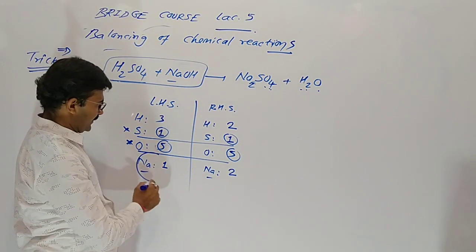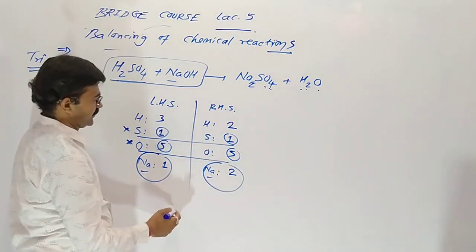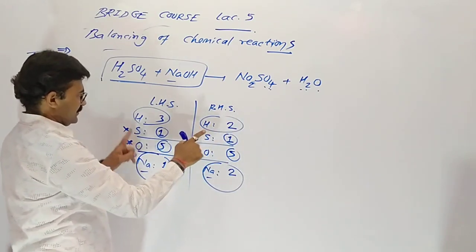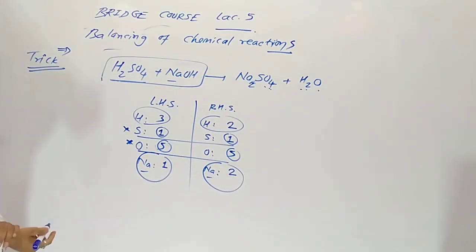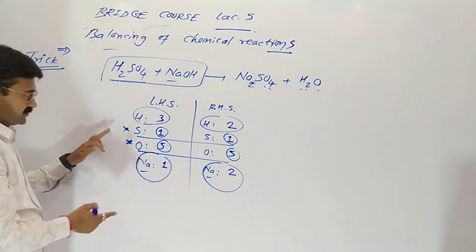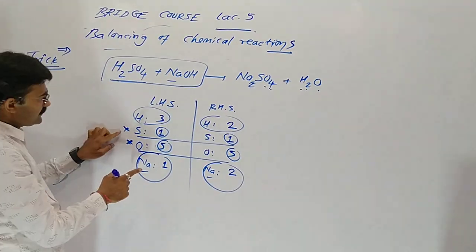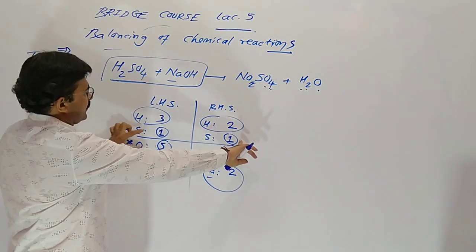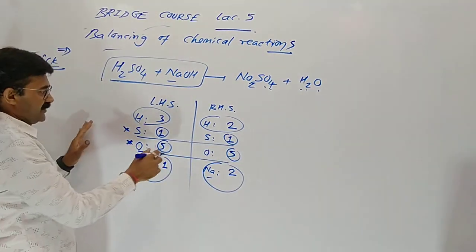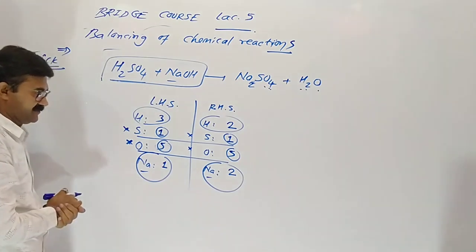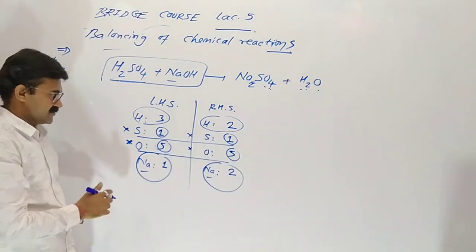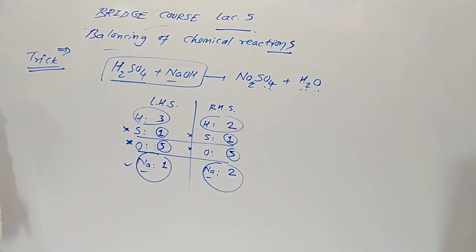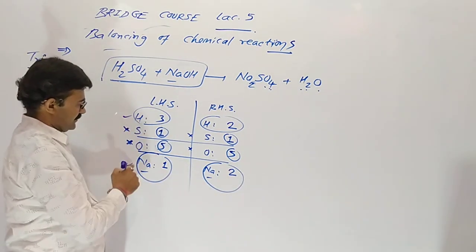Here sodium has 1 time, here 2 times. Hydrogen also 3 times, here 2 times. Hydrogen and sodium are not the same. So understand the trick: whenever an element has the same number of atoms on both sides, never start with it. We have to start with elements having different numbers of atoms on both sides, hydrogen and sodium.